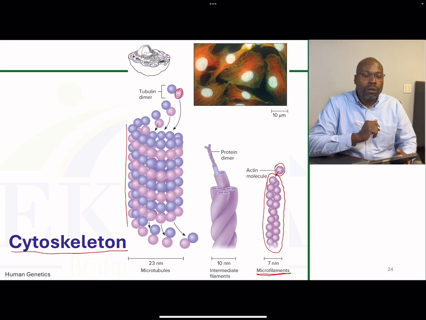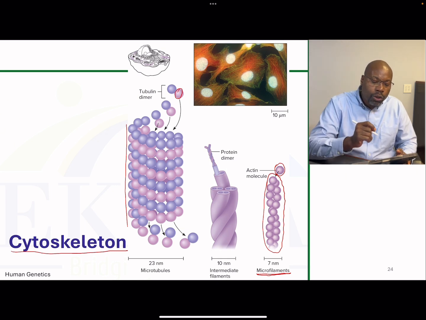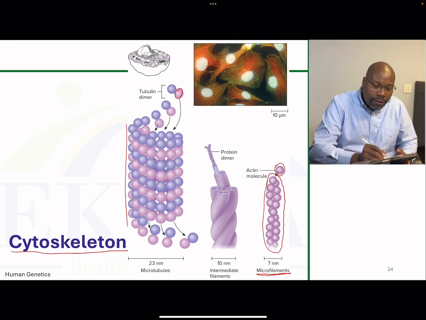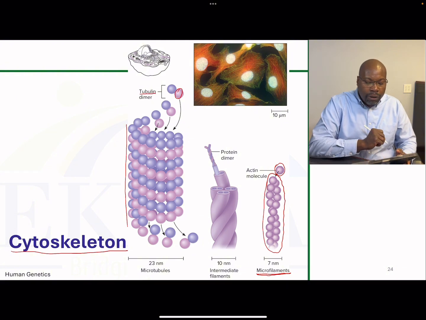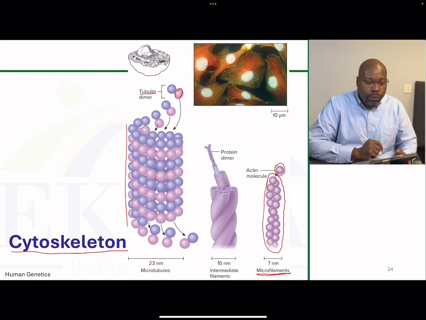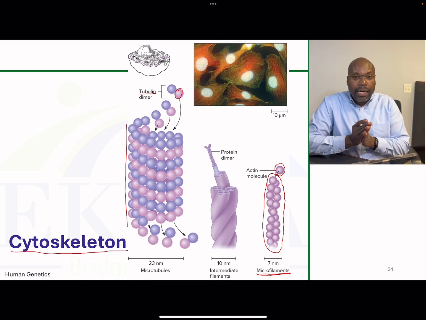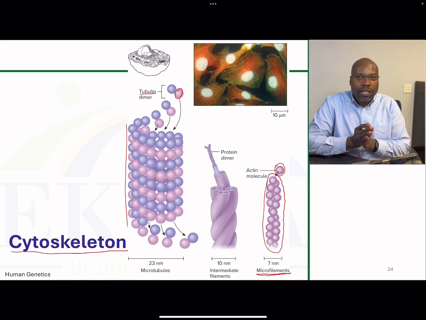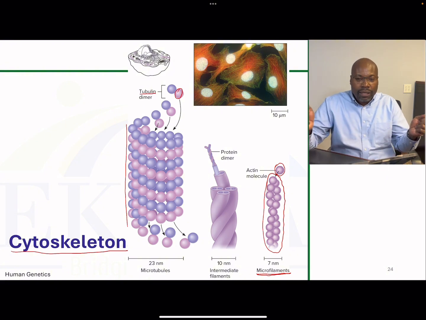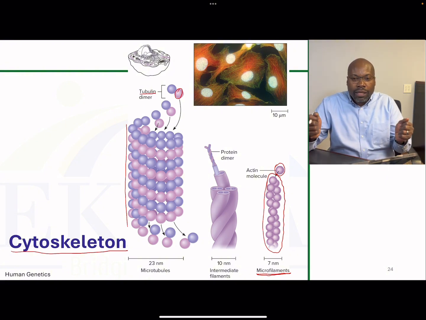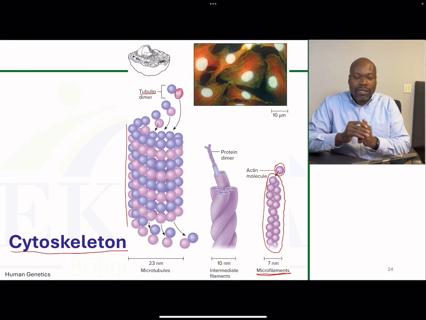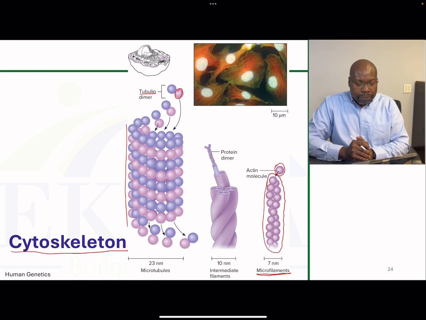I'm not going to bug you with the details, but I want you to remember that the tubulins are responsible for the development of microtubules. And microtubules play a very important role in cell division because the microtubules are responsible for distributing the genetic information equally during cell division, right?